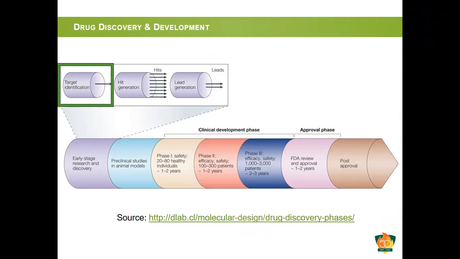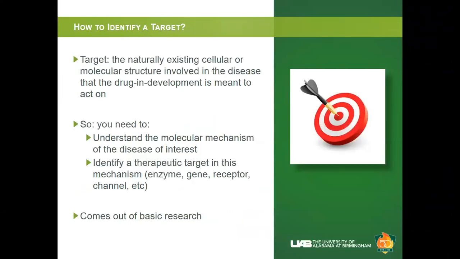But first I'm going to start with what we call target identification. It's really the very first step in drug discovery and development, and that is to decide what you want your drug to do. So the target is the naturally existing cellular or molecular structure that's involved in a disease that a drug in development is meant to act on.